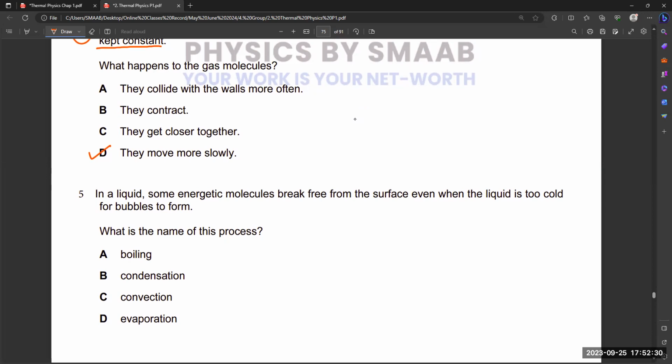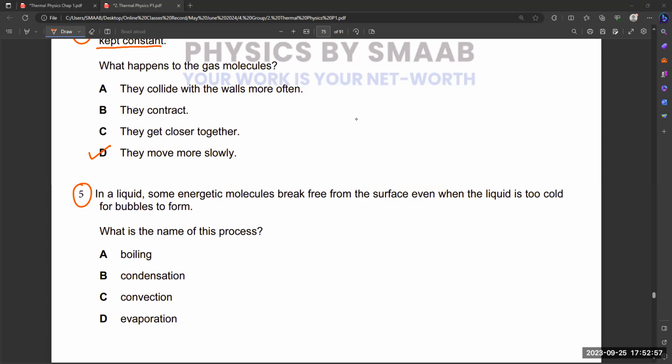And in a liquid, some energetic molecules break free from the surface even when the liquid is too cold for bubbles to form. So what is the name of this process? Okay, one answer I got is D. We also discuss this process because there is a clear difference between evaporation and boiling in our syllabus.